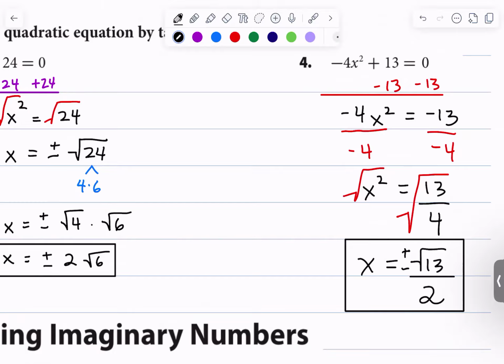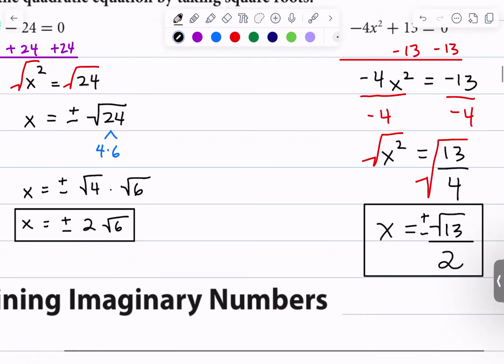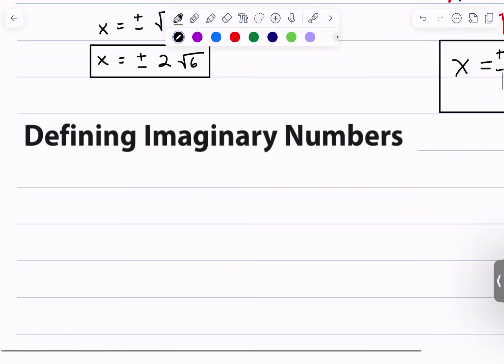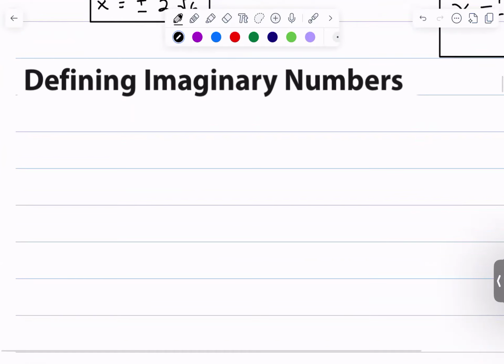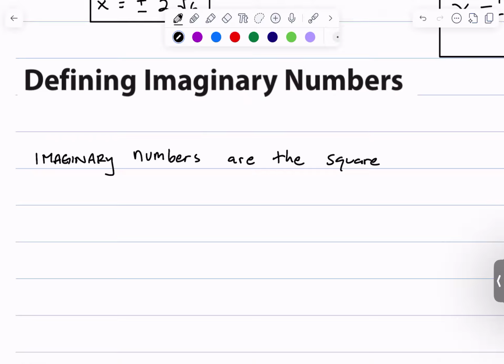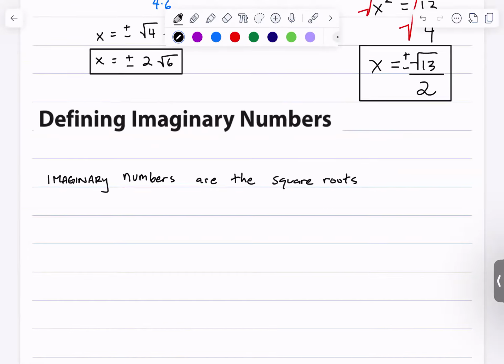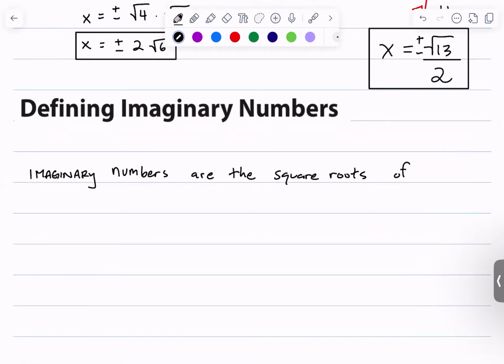we have what we call imaginary solutions or imaginary numbers. So imaginary numbers are just the square roots of negative numbers.